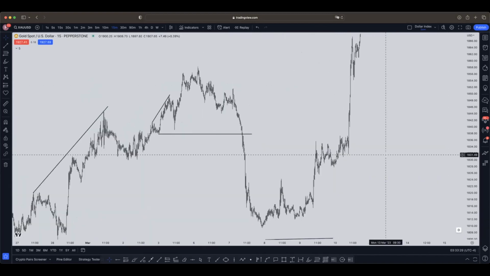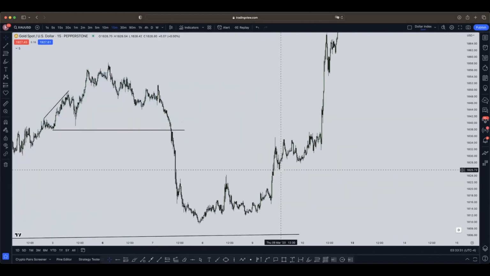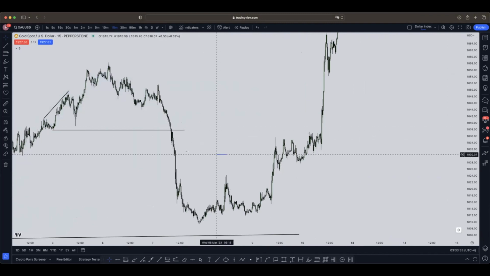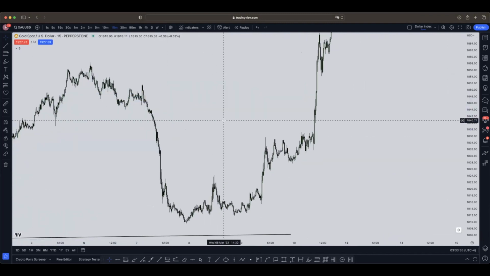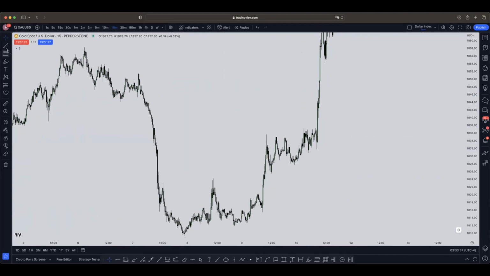That's cool. So now as price is going up, how do I keep a targeting system in place? How do I know which one to go for? Here we have this high, this high, this high. In this case, what's the liquidity pool?